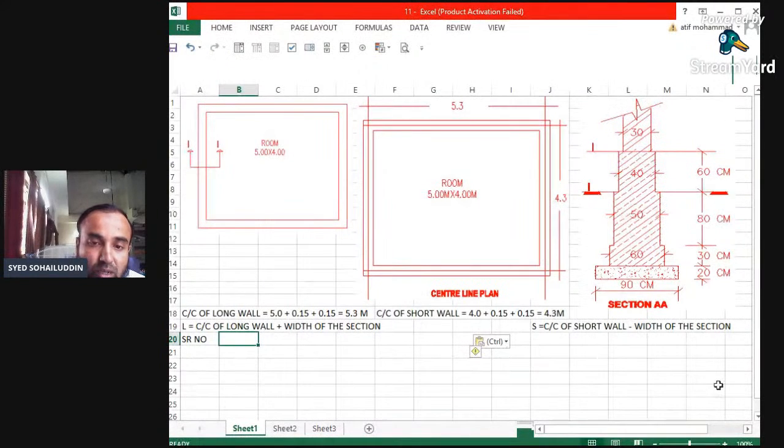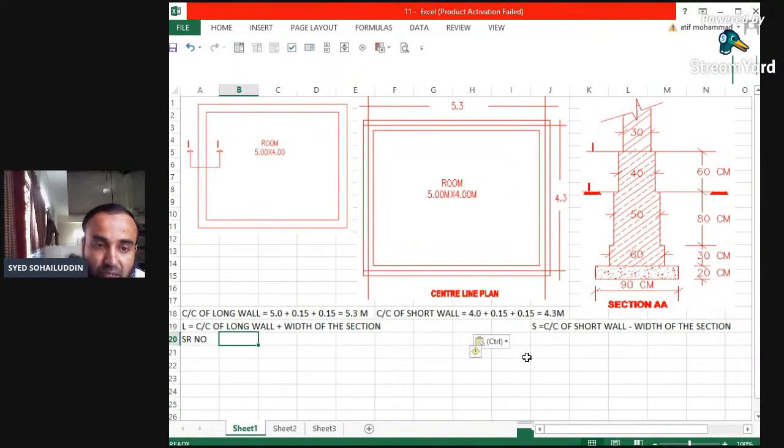This is nothing but the quantity, just the multiplication of these. So there is a multiplication of these cells: the number, the length of long wall, the width of long wall, and the height of long wall. So these four things we have calculated. We have just multiplied L, B and H, and the quantity will be in cubic meters.